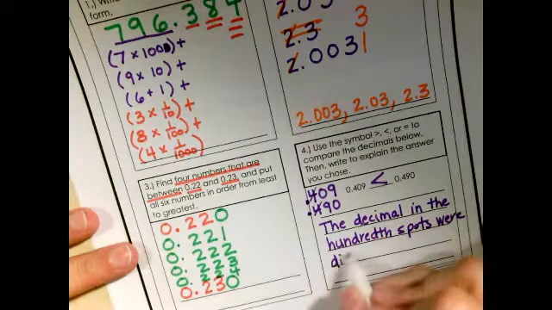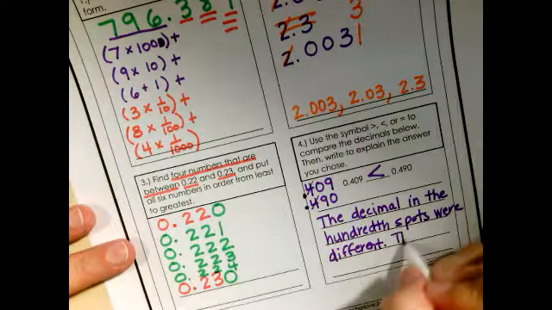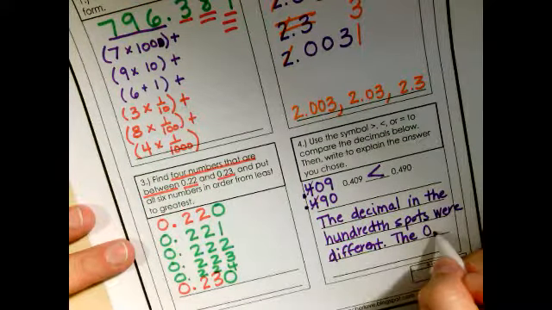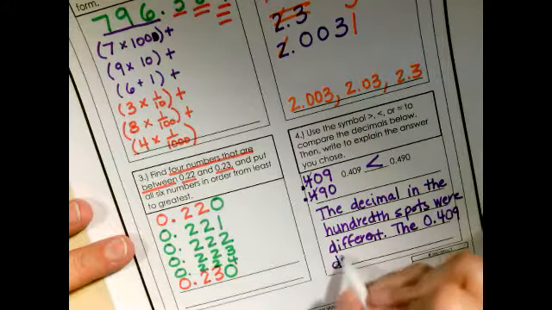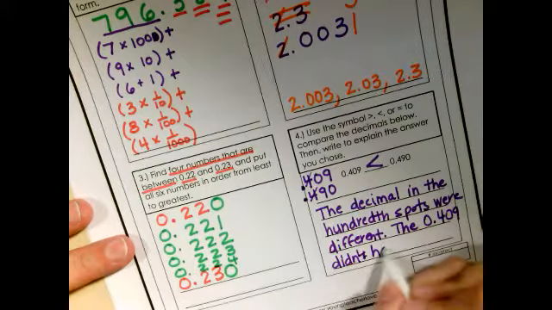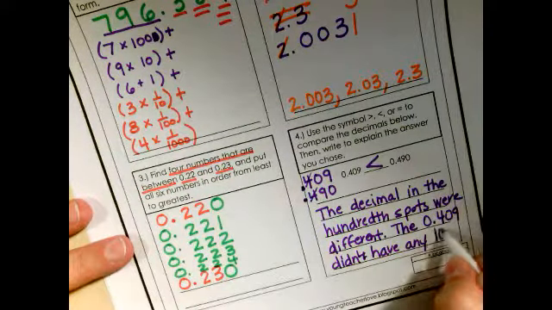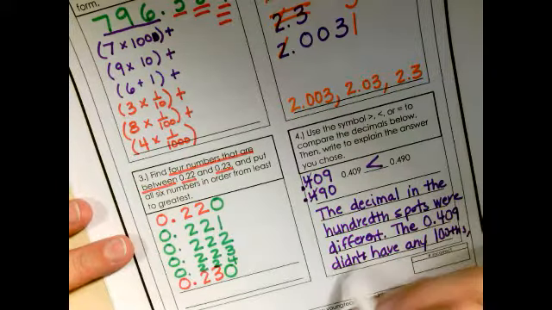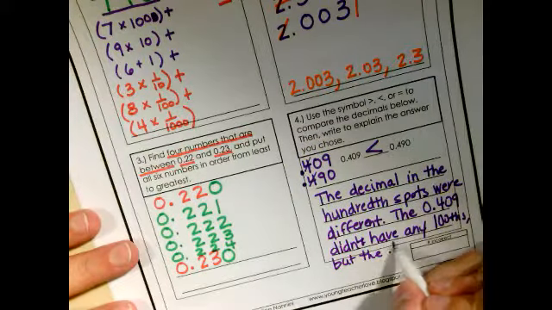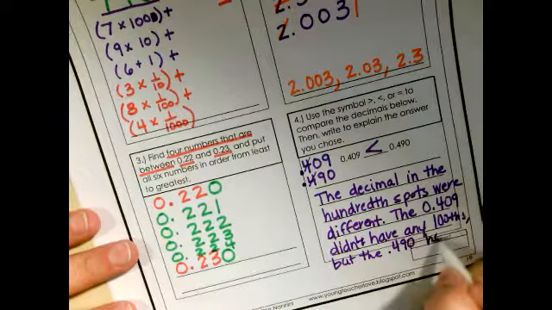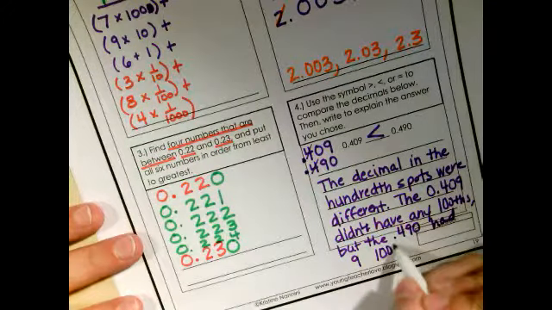I didn't start this off very well. Didn't have any hundredths, but the other had, I could say, 9 hundredths.